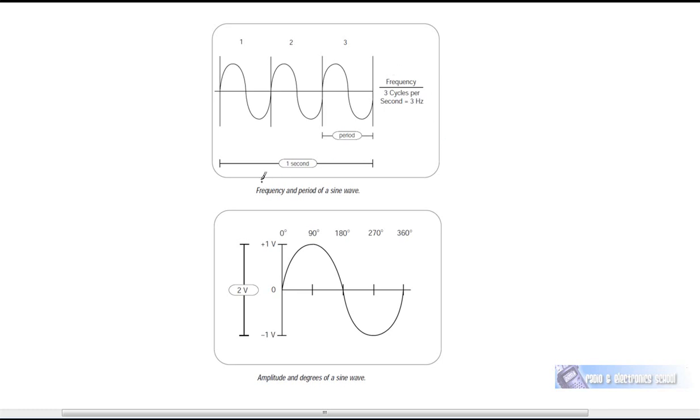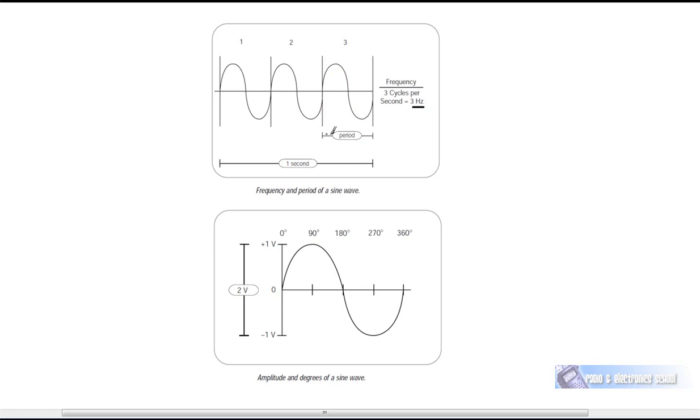Let's have a look at the first diagram. Here we're showing 3 full cycles of AC sine wave. The number of cycles that we get in 1 second is the frequency in hertz, and we're getting 3 cycles per second, so the frequency is 3 hertz.